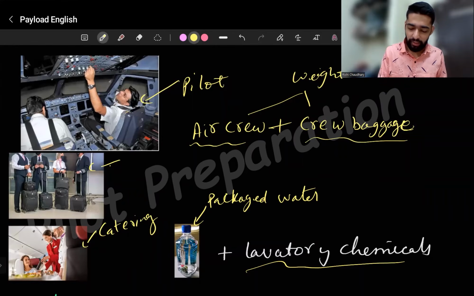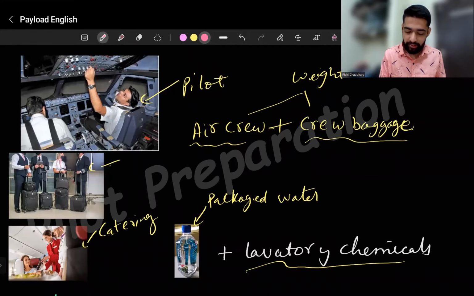But can you always say that the pilot mass or pilot weight will always be the same for a particular aircraft? No, because the pilot changes from one destination to another. You might have seen that even with us, sometimes the pilot will land and get out of the plane and new pilots will come, isn't it? So we can say this is not a constant load. It is not a constant weight.